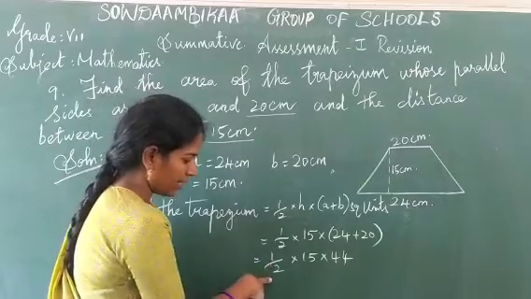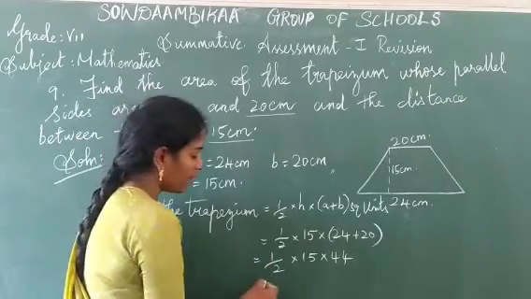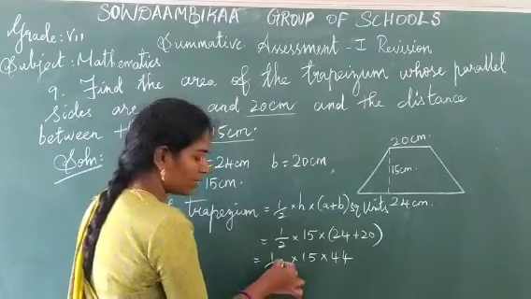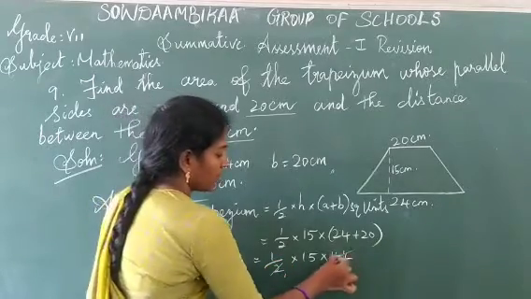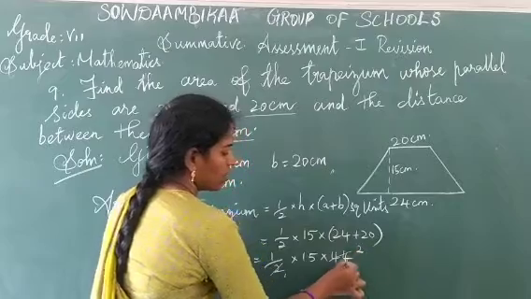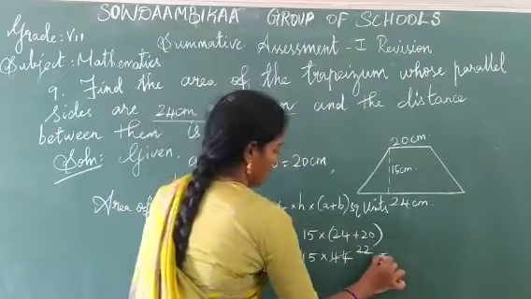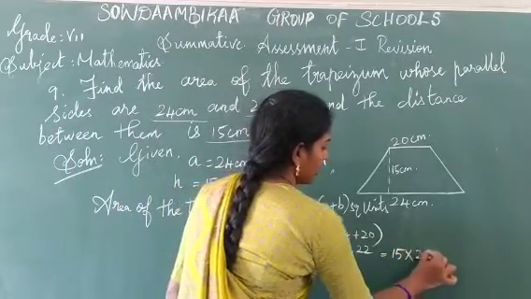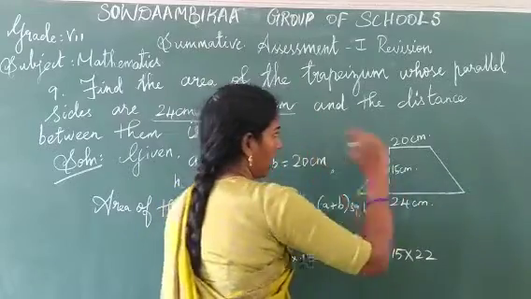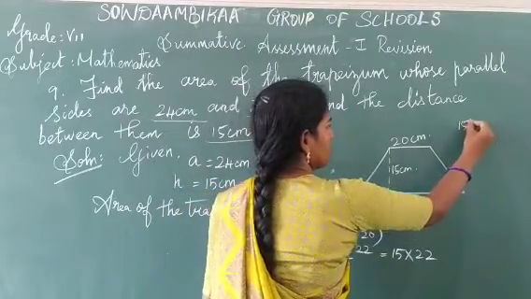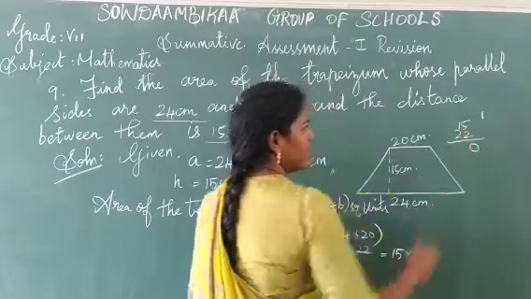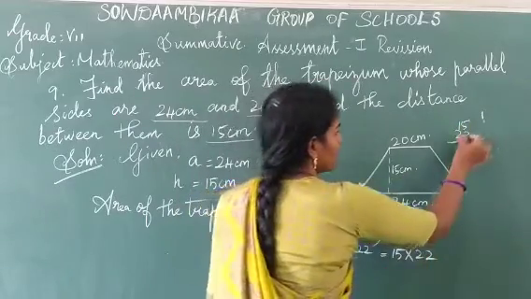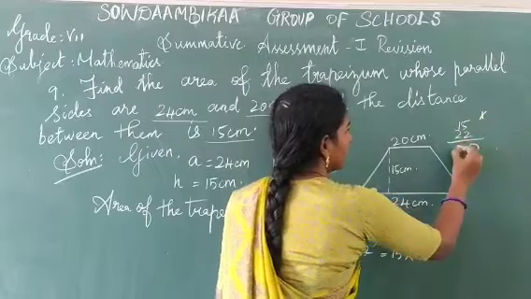The denominator has 2. We have to cancel it, the 2 in both denominator and numerator. 1 2 is 2. 2 2s are 4. Then 15 into 22. Taking the upper column, 15 into 22. 5 2s are 10. Remaining 1. 1 2 is 2. 2 plus 1 is 3.